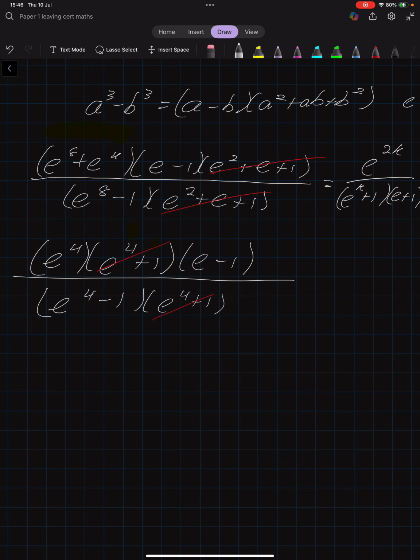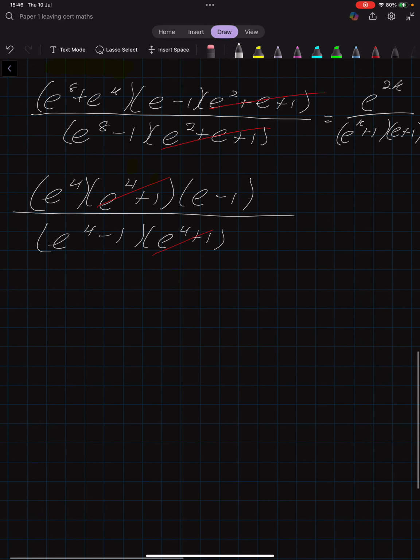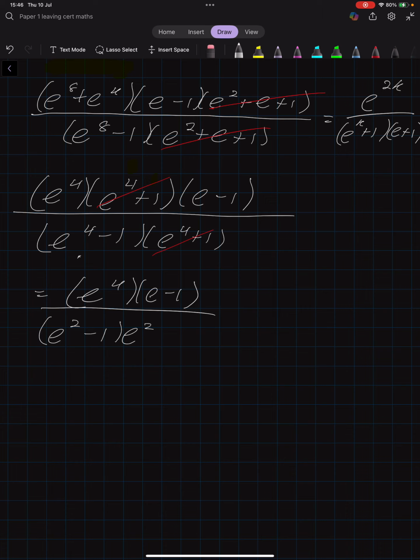So now what I'm going to say is the bottom thing is going to simplify even further. This is equal to e to the power of 4, e minus 1, all over, that's another difference of 2 squares, so it's e squared minus 1, e squared plus 1.